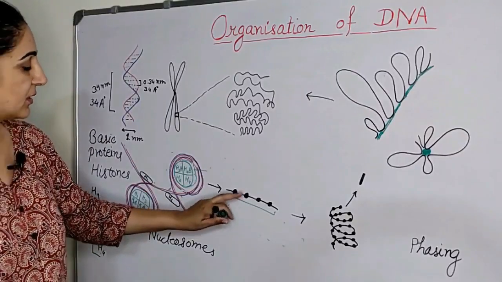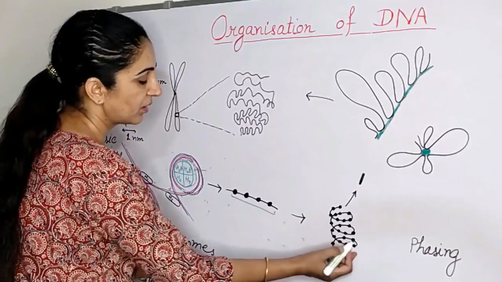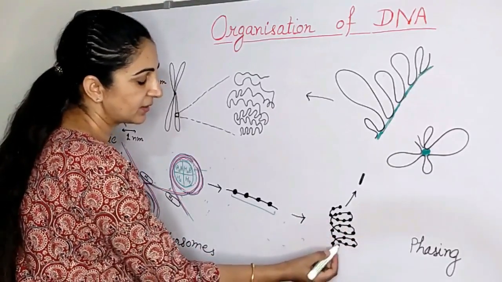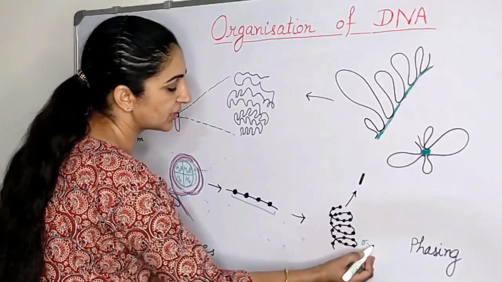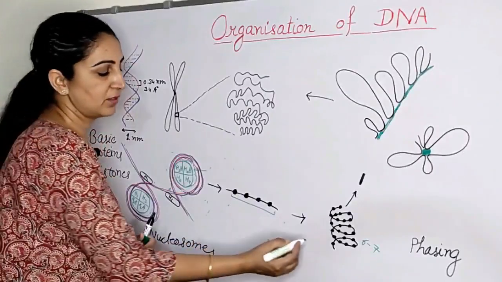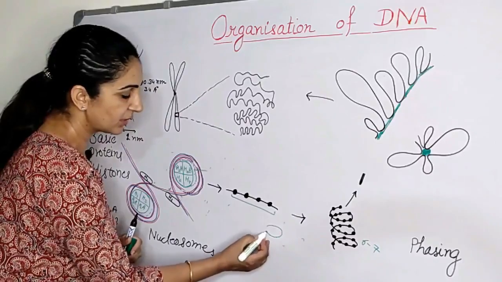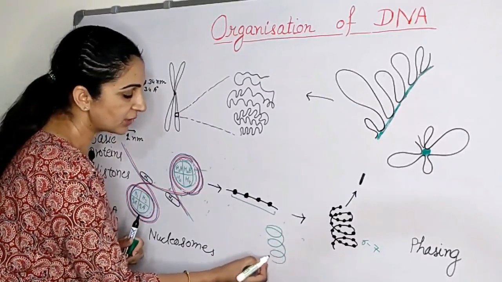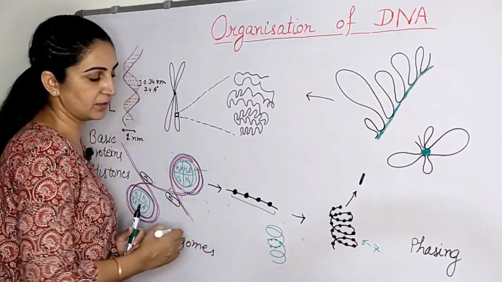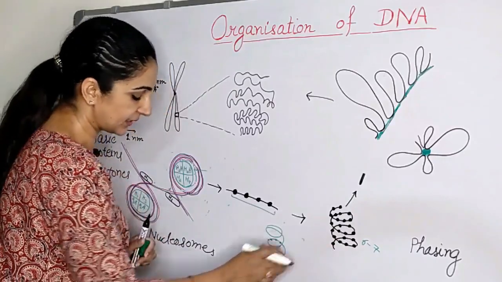Now what happens? This beads on string DNA forms coils, so that there are around 6 to 7 nucleosomes per turn. So this string gets wound around itself, so that there are around 6 to 7 nucleosomes per turn, and you get a structure like this.